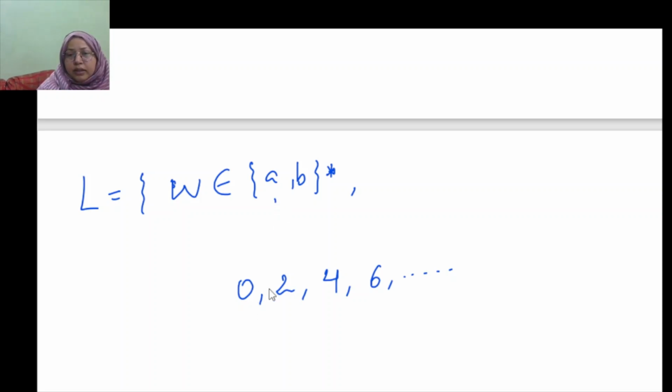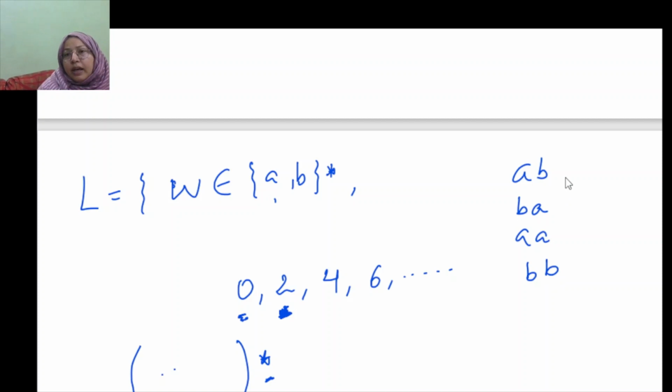Now 0 is the minimum, but we can start from 2. Since we know that we have the meta character star, which means 0 or more, we can use this star with the smallest length string. So we can have the smallest length strings of a and b of length two. It can be ab, ba, aa, bb. We can have these four different strings of length 2.